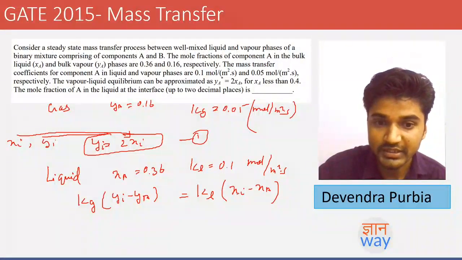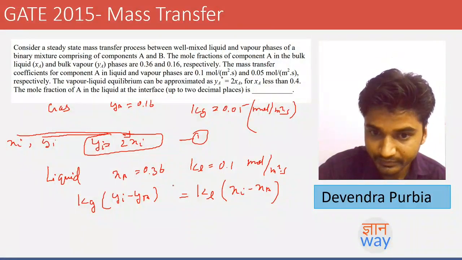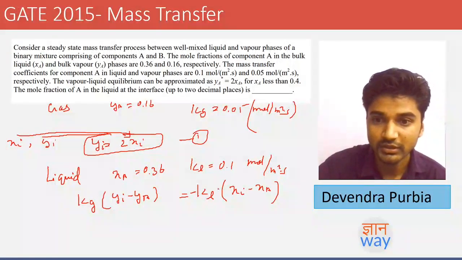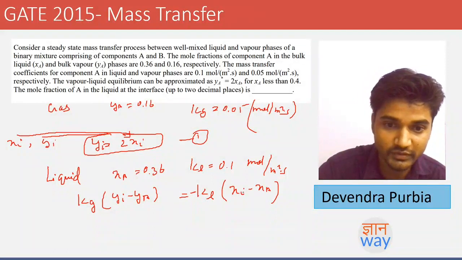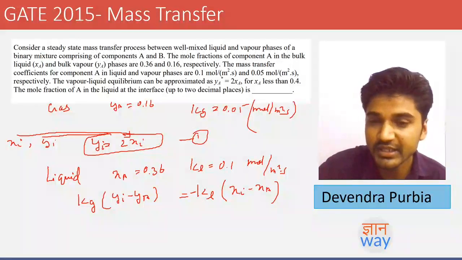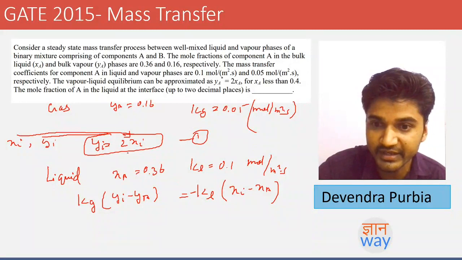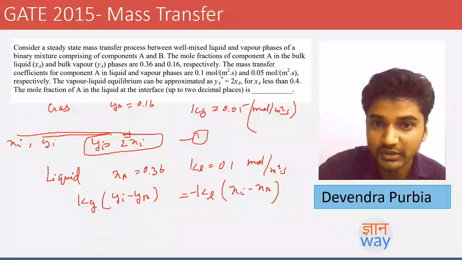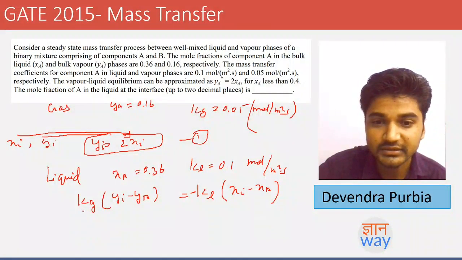Also this is negative, because the summation of this will be 0. So this is negative times KL times xi minus xl. Now this yi we can write as 2xi. So putting all the values, we have kg as 0.05.